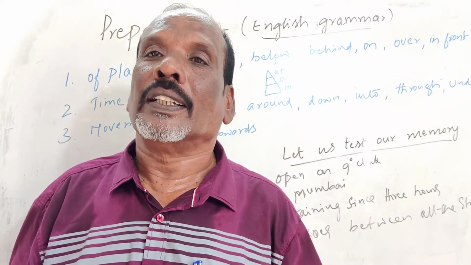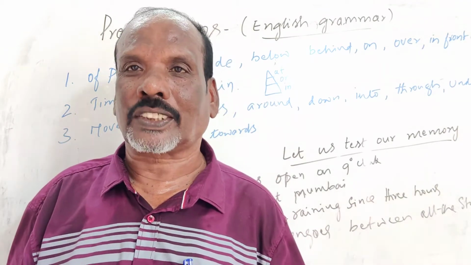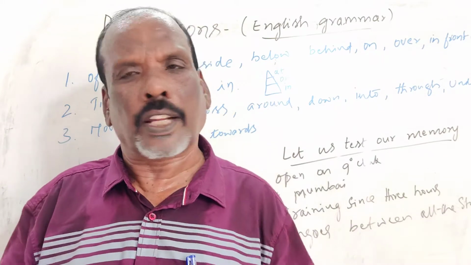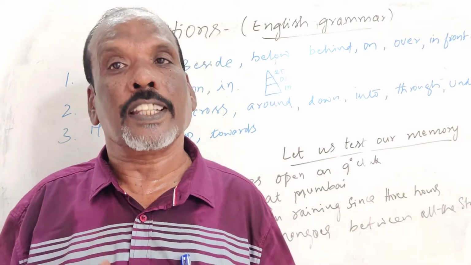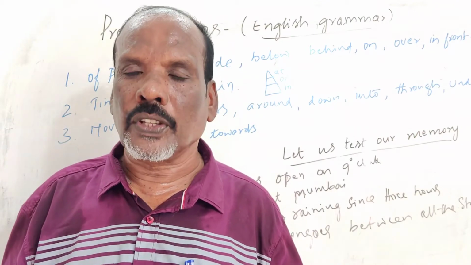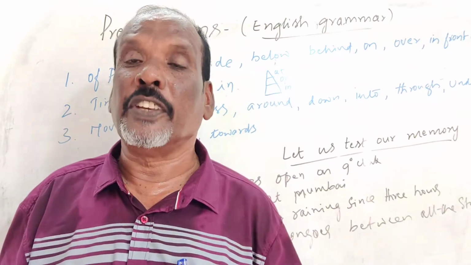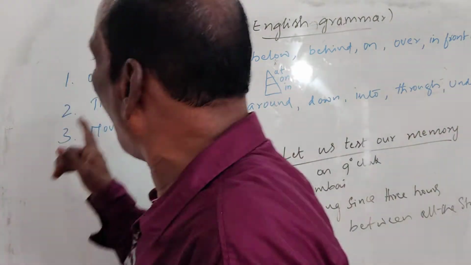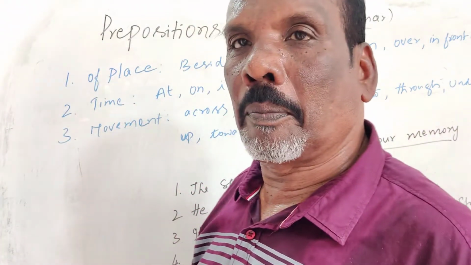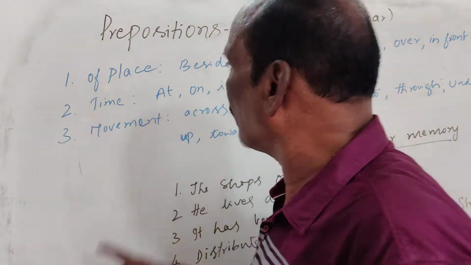Okay, now let's understand the types of prepositions. There are different types of prepositions, but mainly we have classified these prepositions for our convenience into 3. One is prepositions of place.